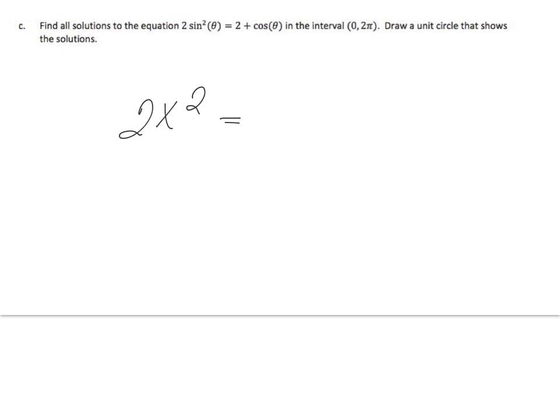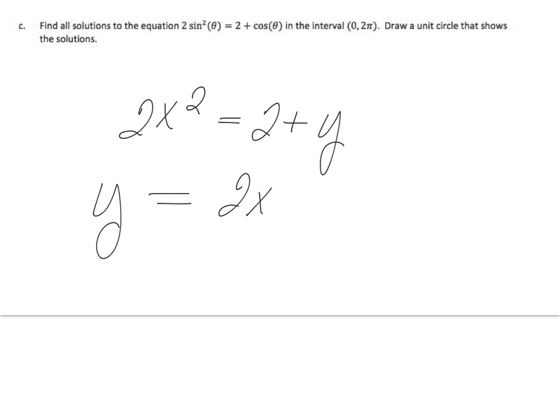If I gave you the equation 2x squared equals 2 plus y, and I told you to give me all of the solutions, you would say, okay, y equals 2x squared minus 2, I'd factor out a 2, and you get x squared minus 1.